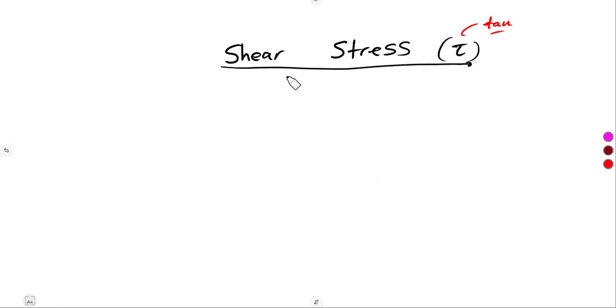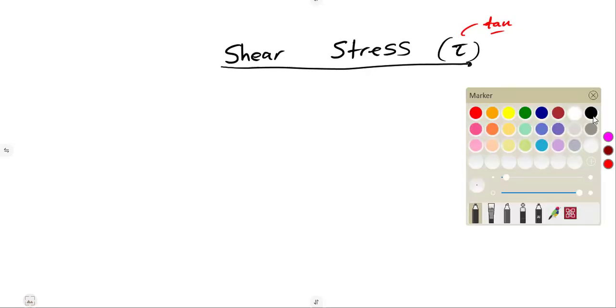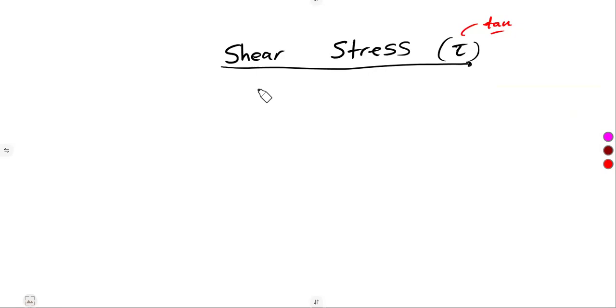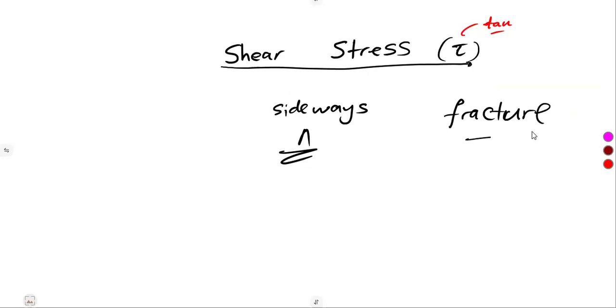Now this is totally different from the shear stress. Yes, a force is applied, but it is applied sideways to a material. And that force, applied sideways to that material, causes the material to fracture or to distort.